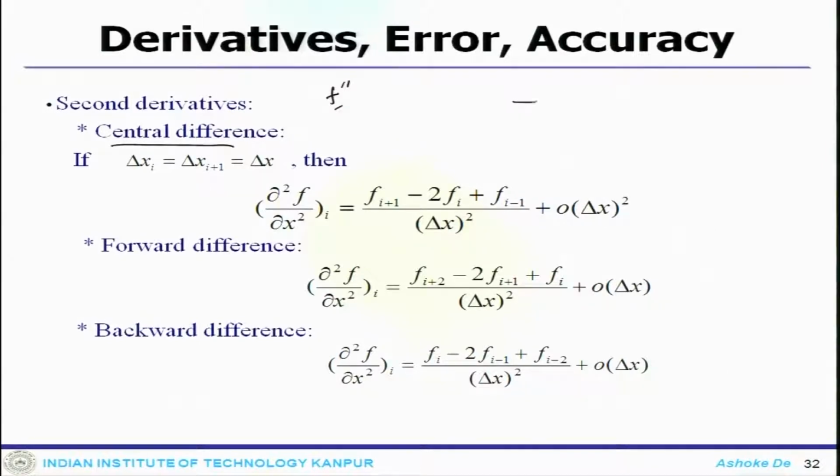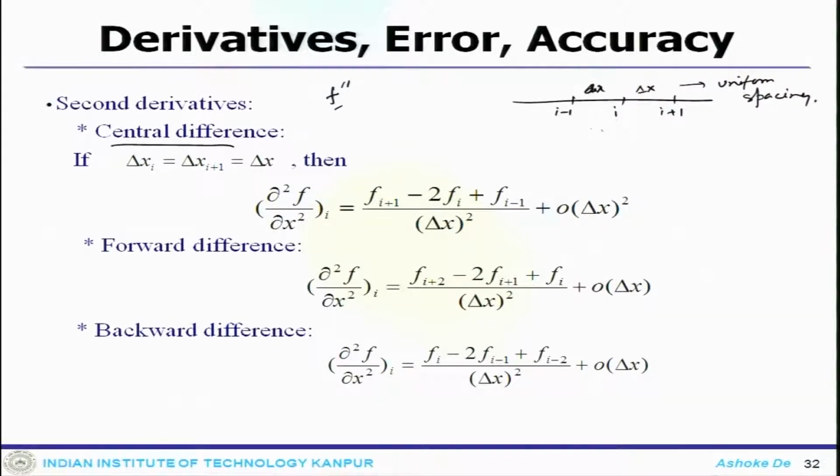My stencil is like this: I have I plus 1, I have I minus 1, and these are all delta x, which essentially means uniform spacing. Similarly, I evaluate the second order derivative del 2f by del x2.